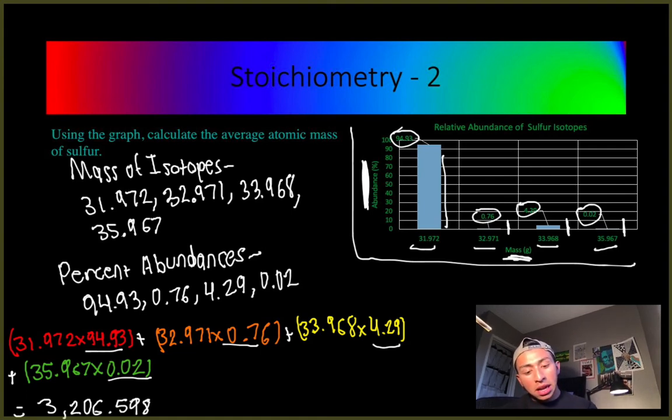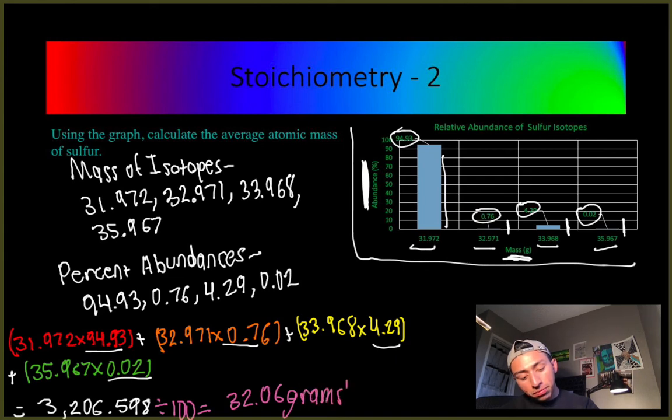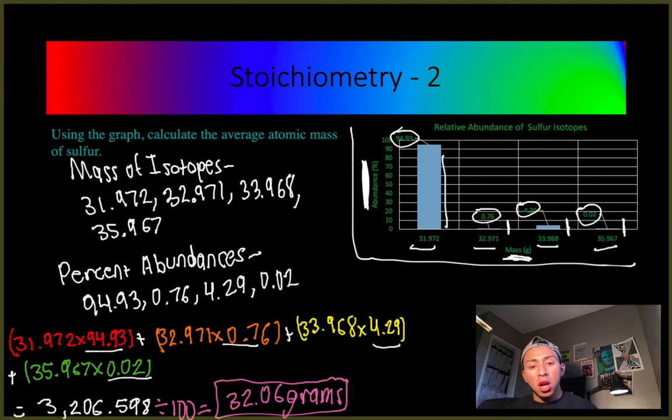As I just said, I did not divide by 100, so I'm forced to do so in the end. And so when I divide by 100, my final answer is 32.06 grams. So this is our final answer and our average atomic mass for sulfur.